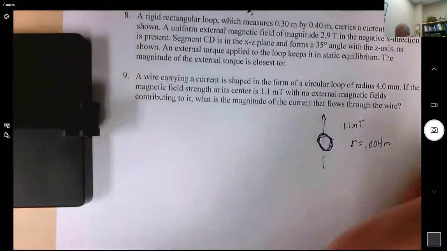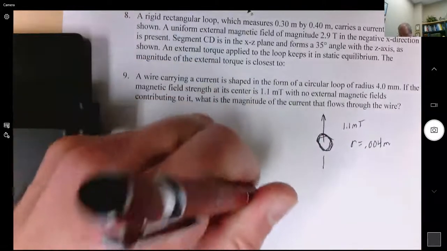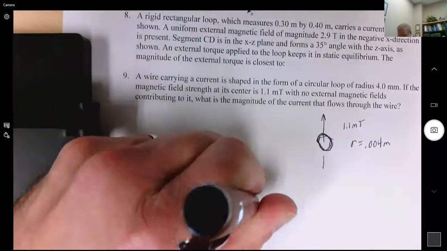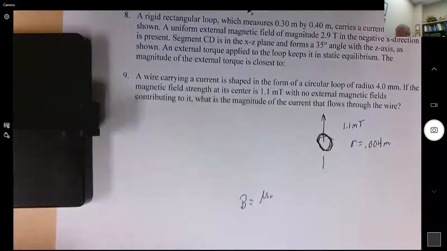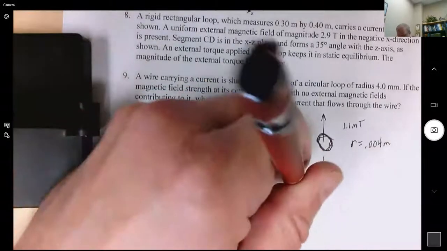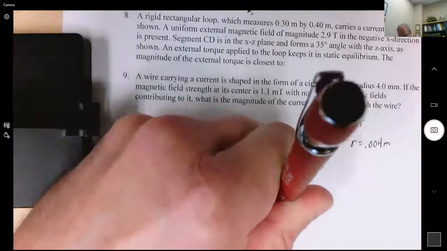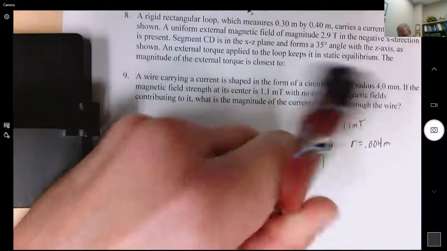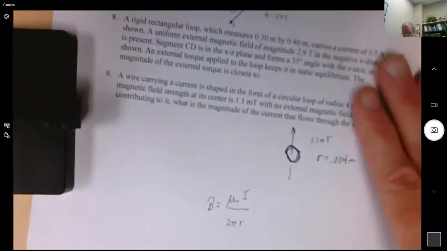So we know that the magnetic field B is equal to the permeability times the current divided by 2 pi r, where r is the radius.